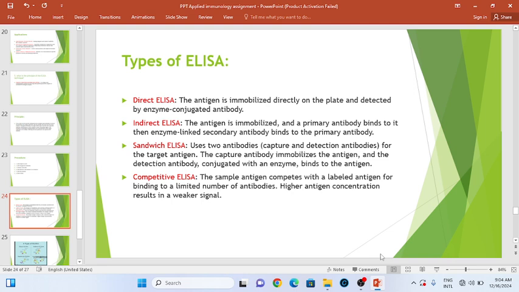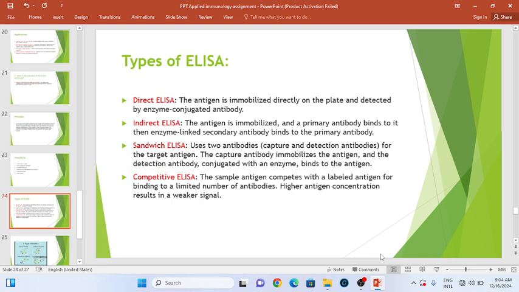Means direct is there to detect antigen, indirect is there to detect antibody, and sandwich is there to detect antigen, and it works like indirect, and the process is the same but the difference is in indirect we are detecting antibody while in sandwich we are detecting antigen.